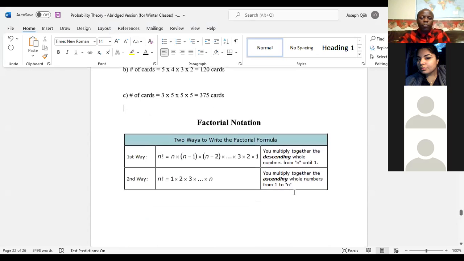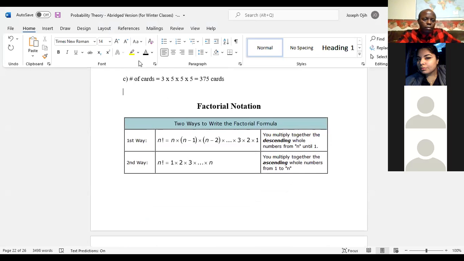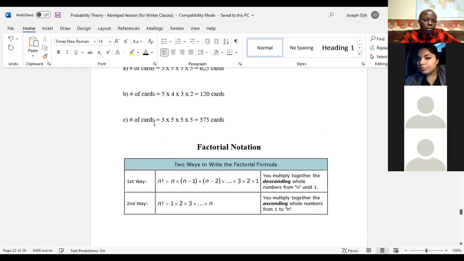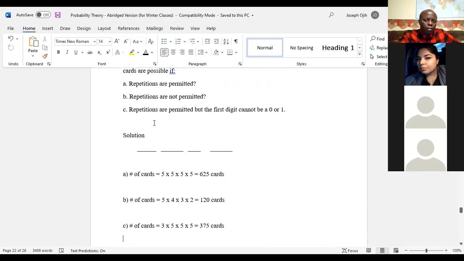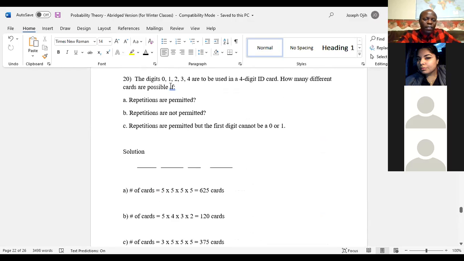Excellent. Now look at factorial notation. Excuse me. For the C part, the question says 0 and 1 cannot be used in the first slot, the first digit. So only 3 numbers are left for that first digit.